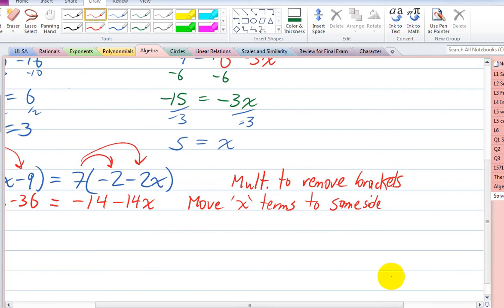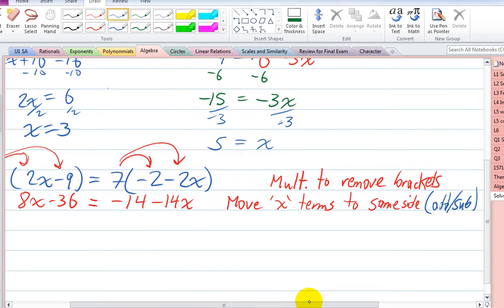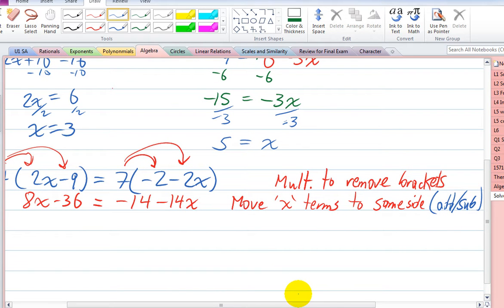Now when you're doing this, every single time when you do this, it's always by either adding or subtracting. Okay, by adding or subtracting. Usually it's easier if you move the lower, or you move the smallest.